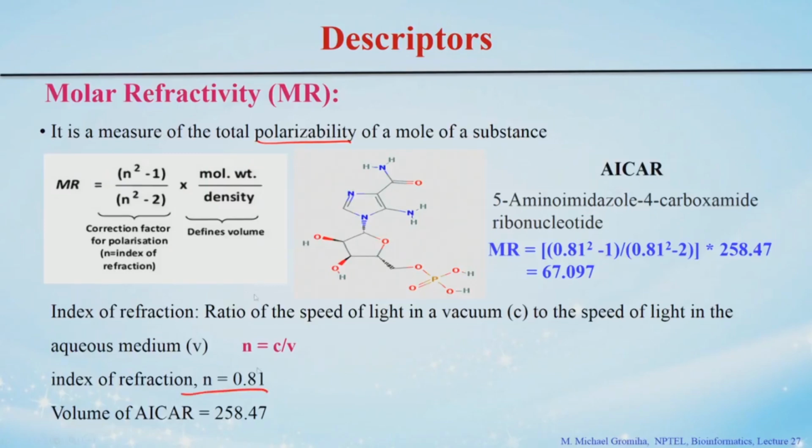Then you use this 0.81 squared minus 1, and the volume of the compound, 258.47. You divide by this volume and substitute the values, and finally you get MR equal to 67.097. Likewise, for any parameters, if you know the compound, you can calculate them.